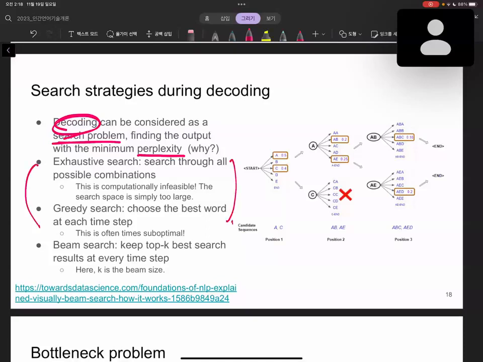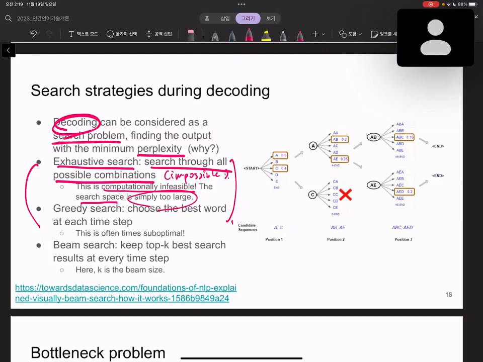So there are three approaches for this search process. First is exhaustive search. Search through all possible combinations, which is impossible. This is computationally infeasible. The search space is very large. We cannot afford such computations.